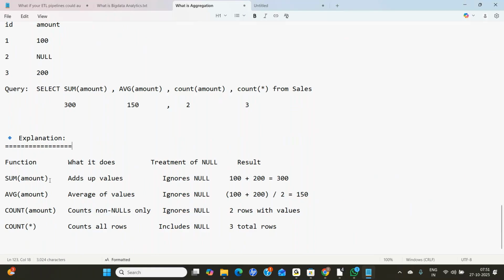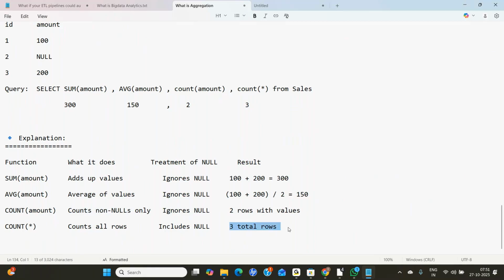Sum of amount adds up the values and ignores the nulls, 100 plus 200. Average ignores the nulls. Count of amount counts non-null values only, two rows with a value. Count star counts all the rows, including the nulls.